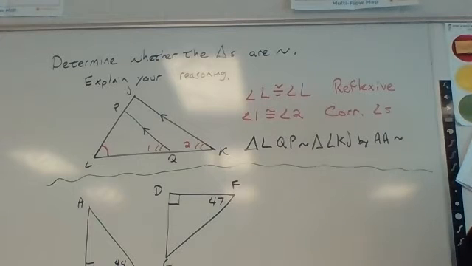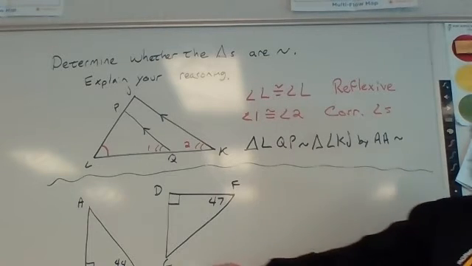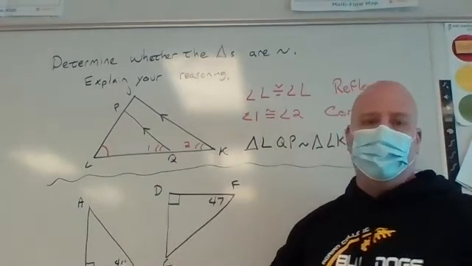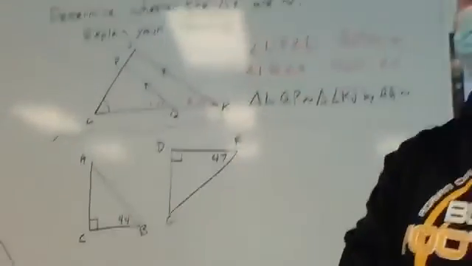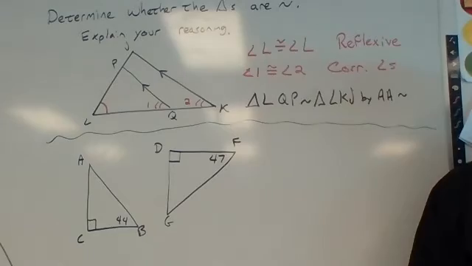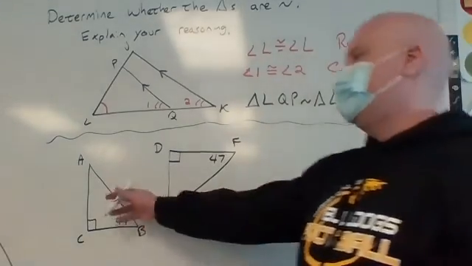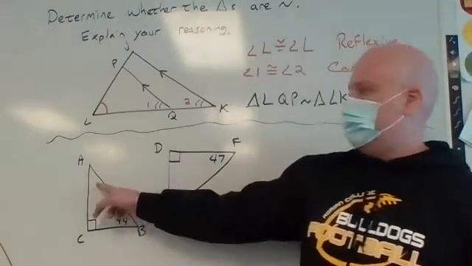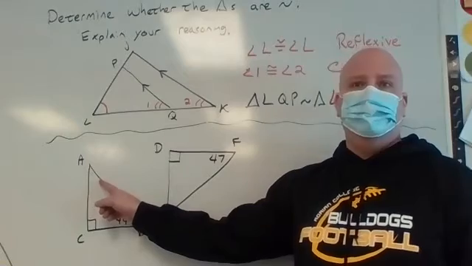Last example. I only have two angles here, 90 and 44, and two angles in the other one, 90 and 47. How do I find, let's just do one triangle here, this last angle A? Sabrina?